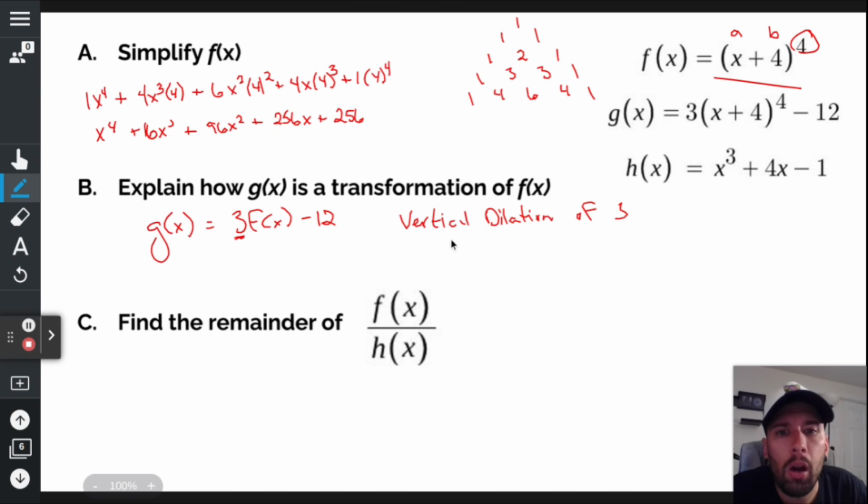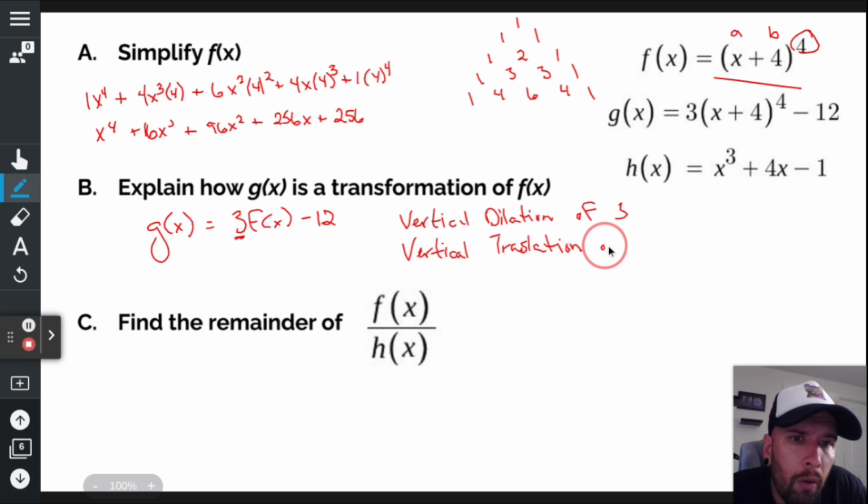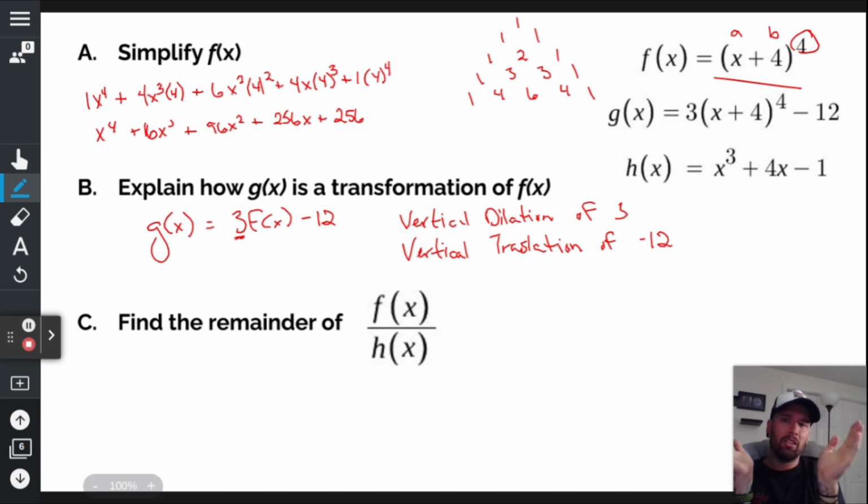They might use translation or shift, whatever wording they use, a vertical translation of 12, which means we move 12. So a vertical dilation of 3 implies that I stretch it, make it skinnier, and then move it down a bunch.